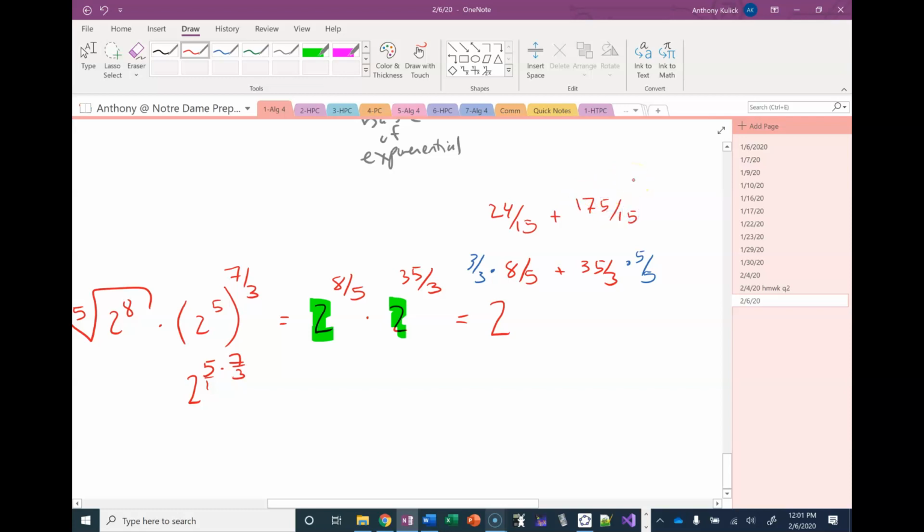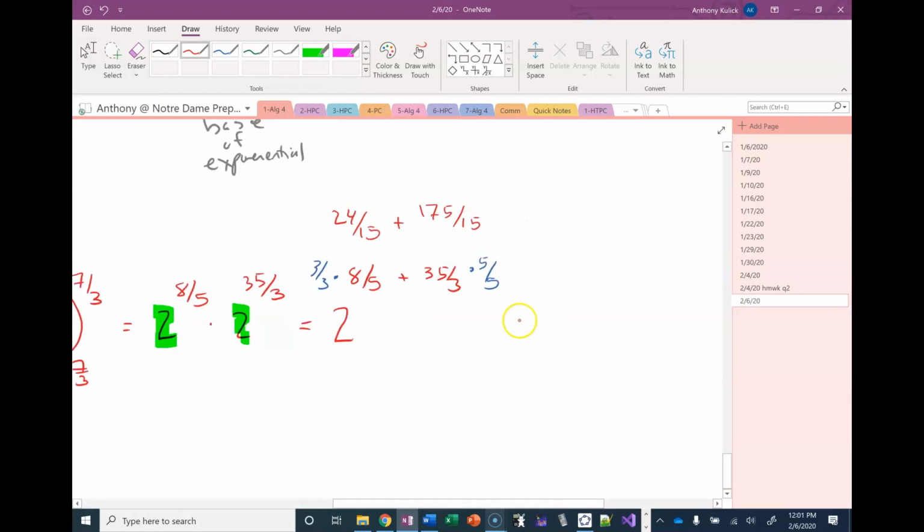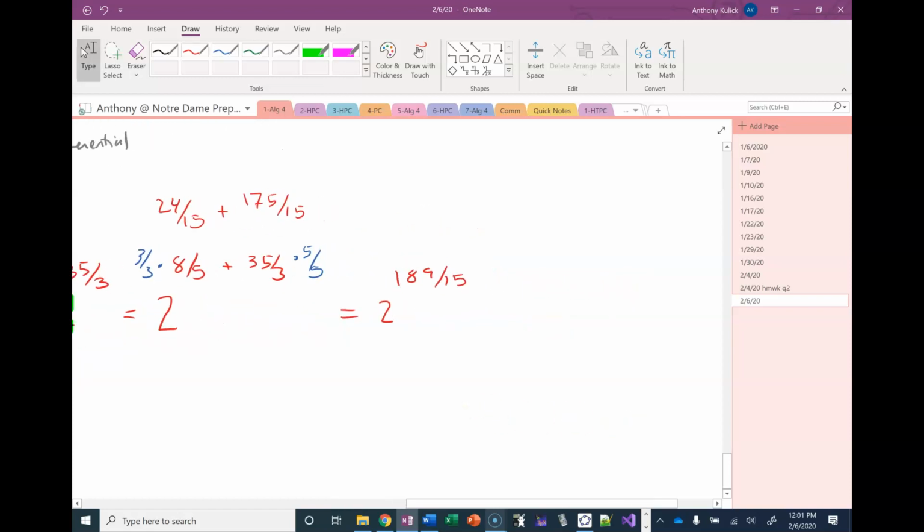And then 3 times 5 is 15. So if I add these two together, I'm going to get 2 to the 189/15. Everybody, so far so good.